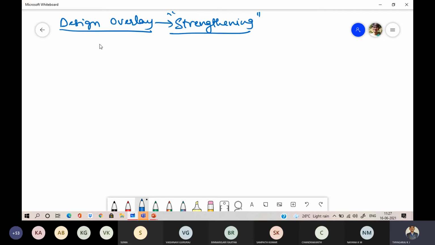Now, this overlay design is similar to the flexible pavement design. We design the traffic in terms of cumulative standard axles, which will be represented as MSA. In the flexible pavement, we considered CBR and traffic.